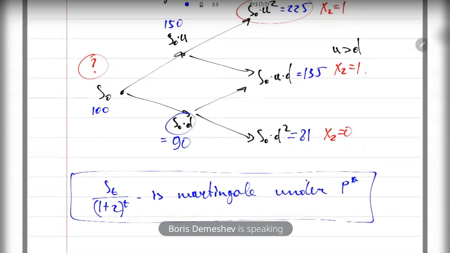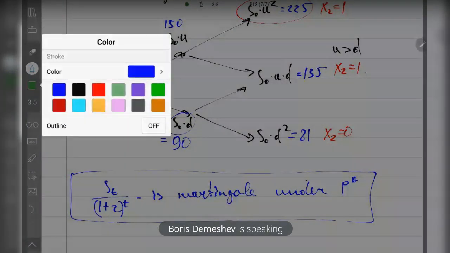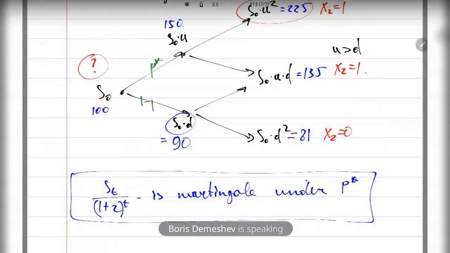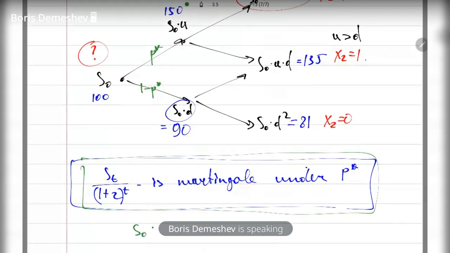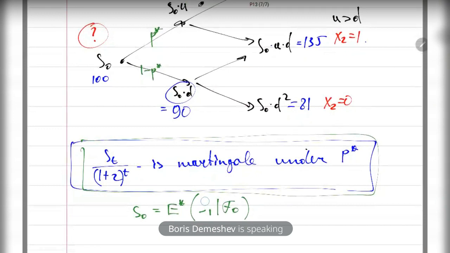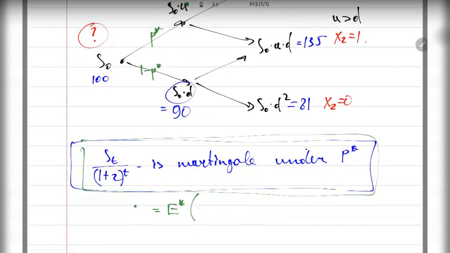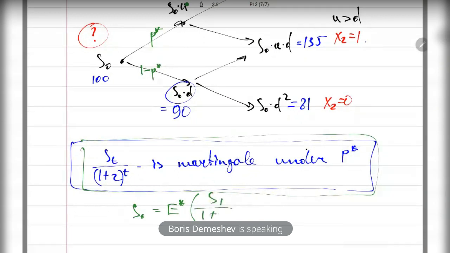Okay, we have probability P star of going up, 1 minus P star of going down. Just write this idea as an equation for P star. S0 should be the expected value under P star of S1 discounted, given F0. So S0 should be S1 divided by 1 plus r, given F0.